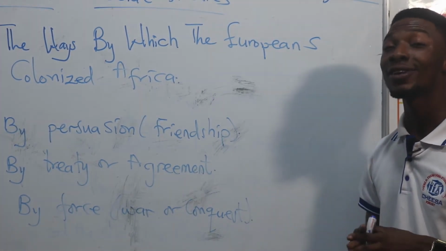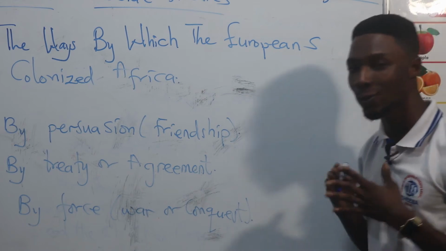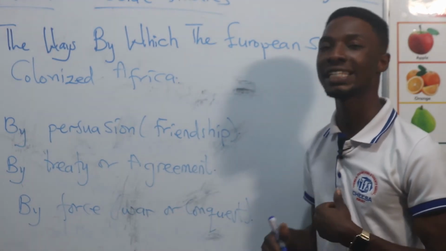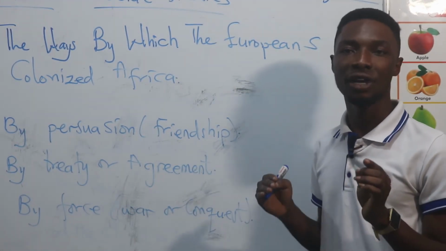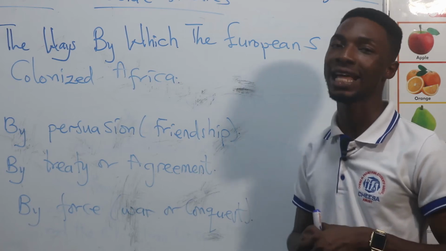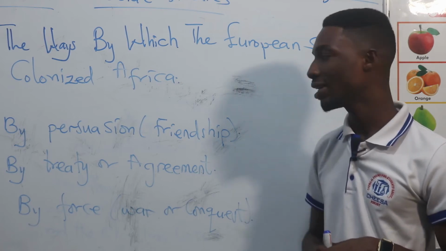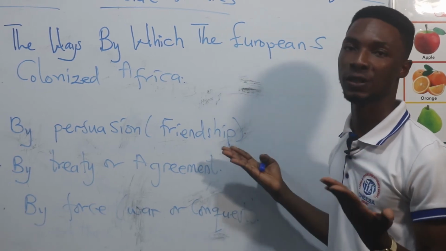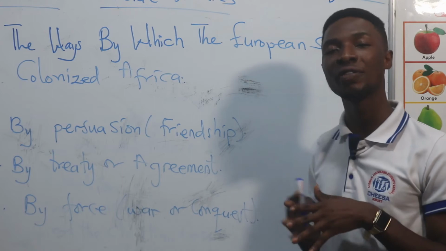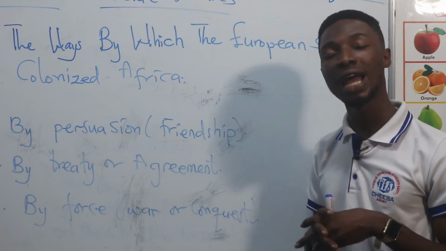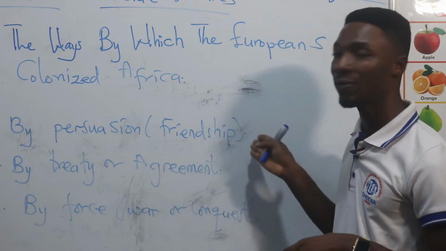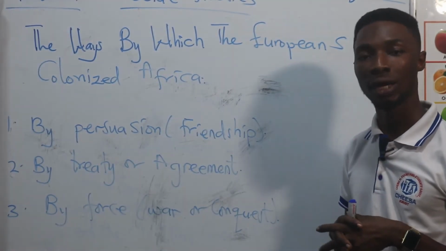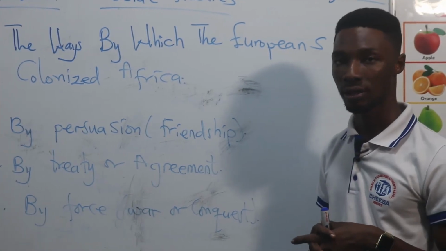The African countries only thought the Europeans just wanted to build some friendship ties with them, not knowing that the Europeans were just doing that to open ways for them to get the opportunity to colonize them. Okay? So the Africans were just thinking of friendship. Meanwhile, it was at the back of the mind of the Europeans to colonize those countries. So they started with friendship, and with time they got the power to conquer and colonize some African countries.